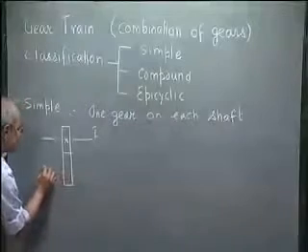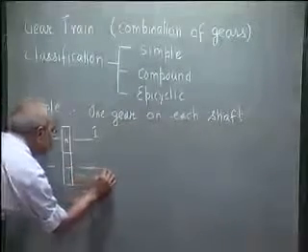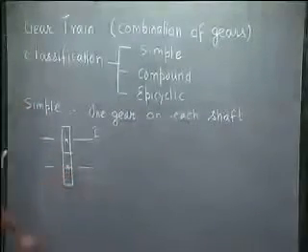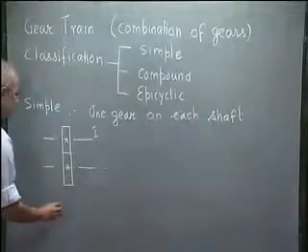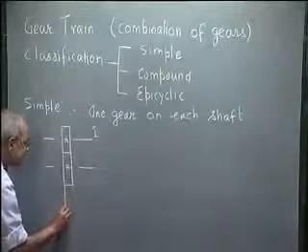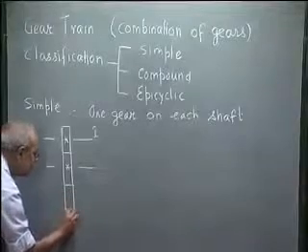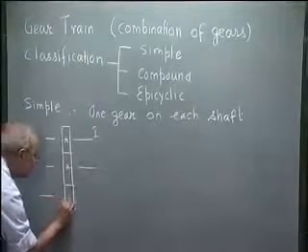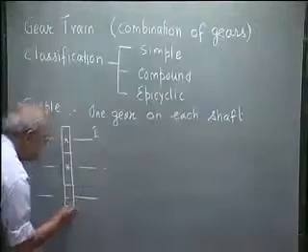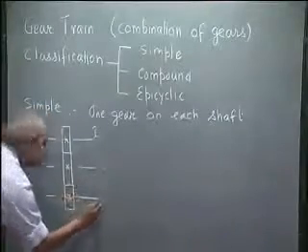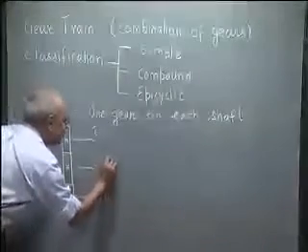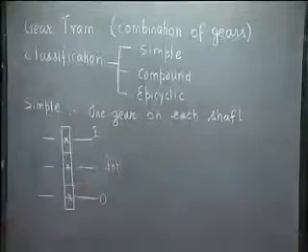This is connected to another gear which is on another shaft, and that gear is mounted on another shaft, and this may be the output shaft. This is what we call the intermediate shaft.